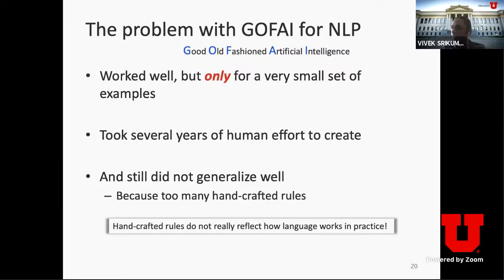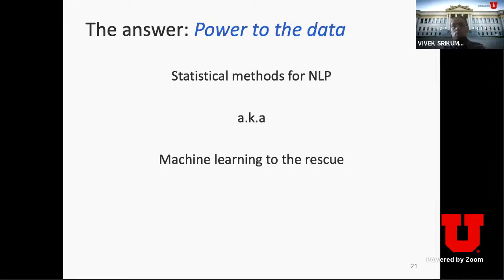Around, say, the late 80s and early 90s, a few research groups around the world were starting to explore this idea of using data, of using statistical methods, or to use modern terminology, using machine learning. Statistical NLP was starting to become more popular in the late 80s, for example, in IBM's translation project.